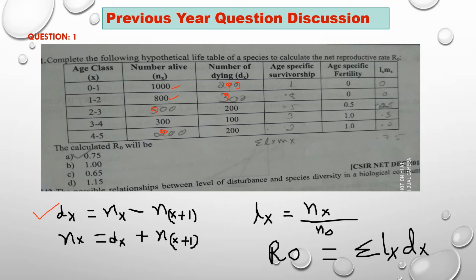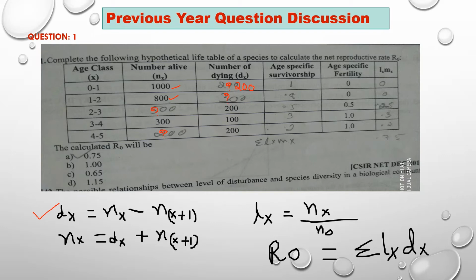So 200 is the Dx value of class 0 to 1. So out of the 1000 beginning individuals, 200 died. So rest is 800 individuals.